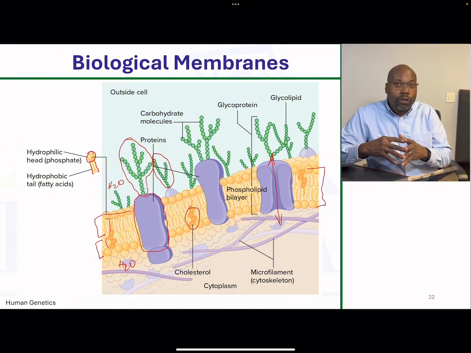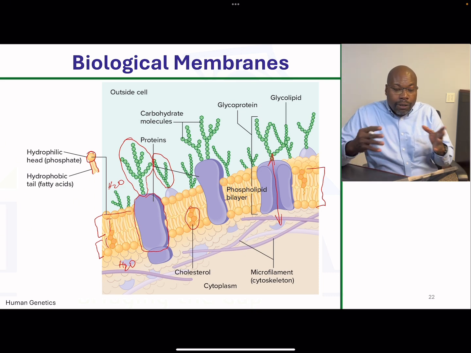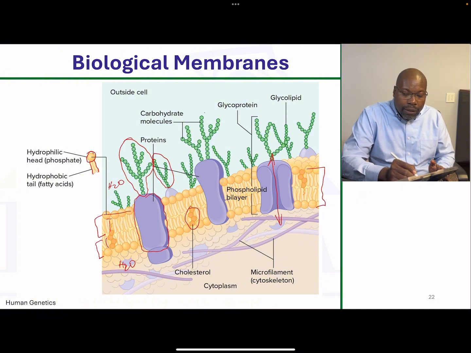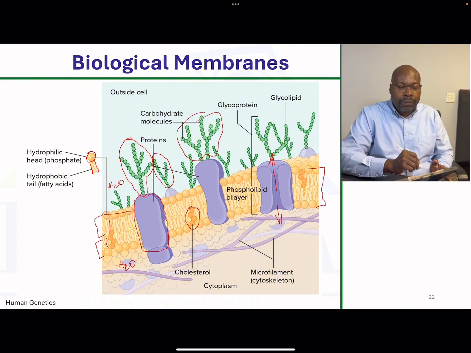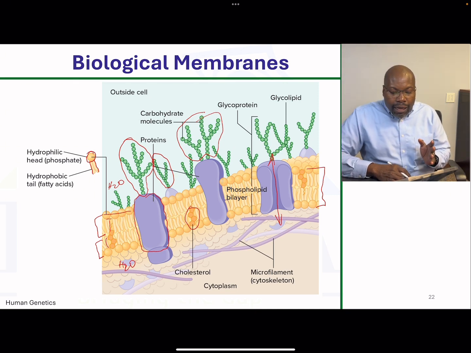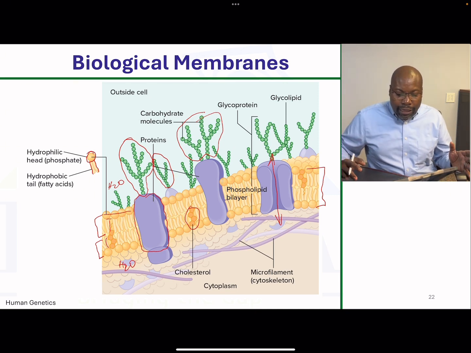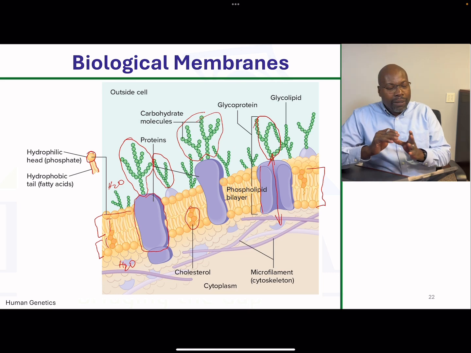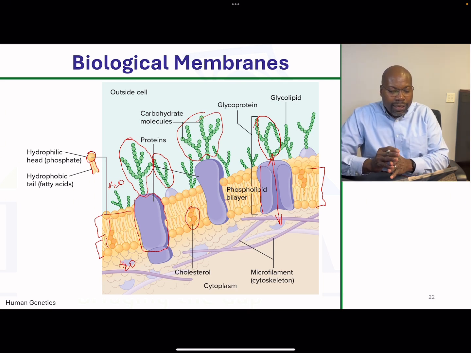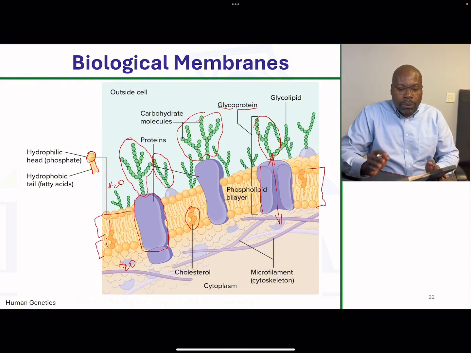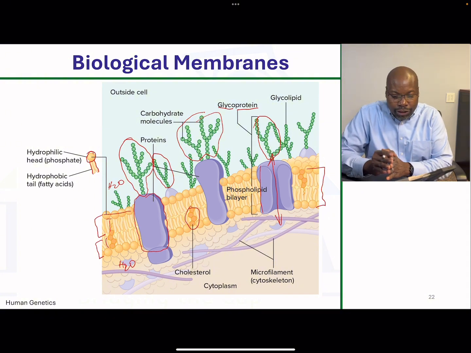A blood cell is able to recognize other blood cells because of the surface markers. These proteins and the carbohydrates attached allow the cells to tell each other apart, right? Whenever a protein has a complex sugar attached to it, we don't simply call it a protein anymore. We call it a glycoprotein. So that's a protein to which a sugar is attached.